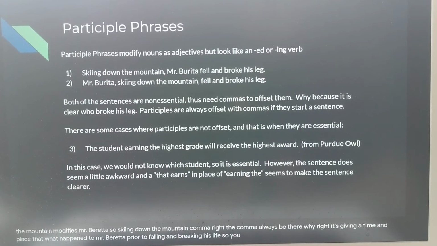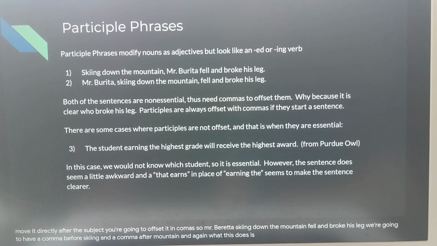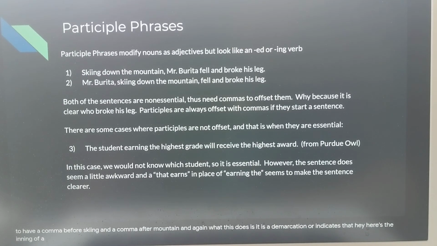So you can move these participles into different spots. If you move it directly after the subject, you're going to offset it in commas. So Mr. Breda, skiing down the mountain, fell and broke his leg. We're going to have a comma before skiing and a comma after mountain. And again, what this does is it is a demarcation, it indicates that, hey, here's the beginning of the participle phrase and the end of the participle phrase.